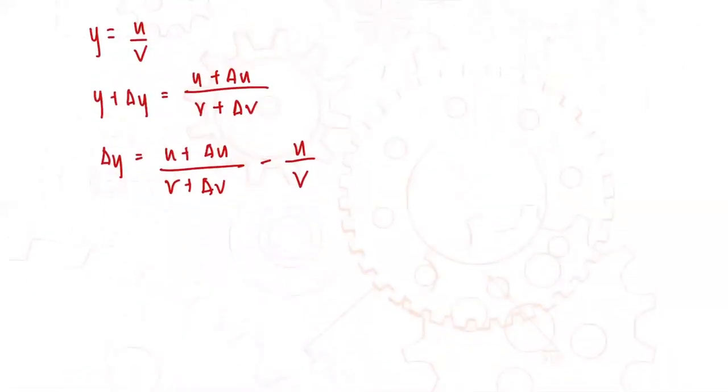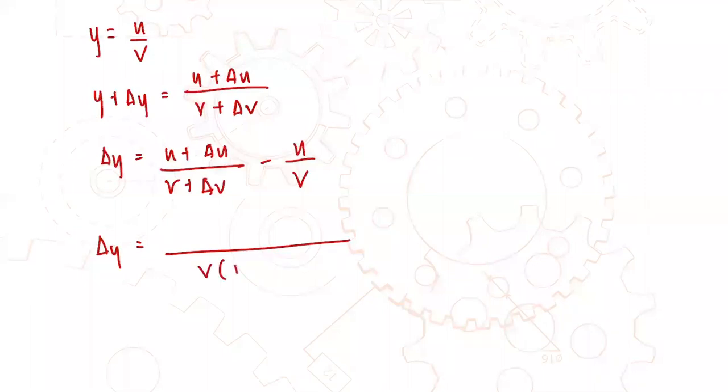And then, para ma-simplify, try nating kunin yung common, yung LCD nila. Okay? So, we have v, tsaka v plus delta v. So, yung denominator natin, divided by v plus delta v, matitira v. So we have v times u plus delta u. Tapos we have u times v plus delta v.